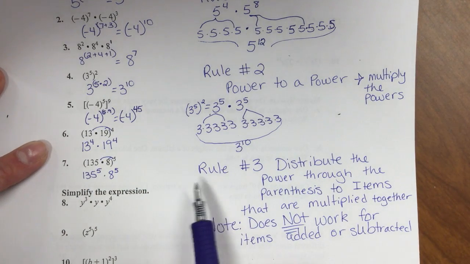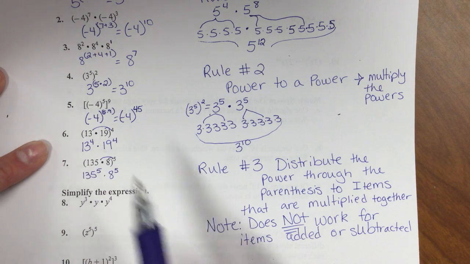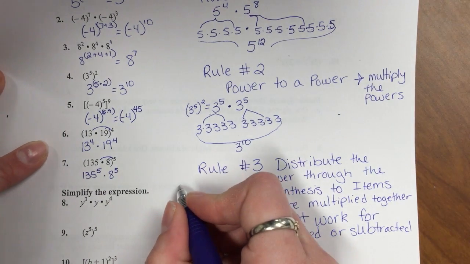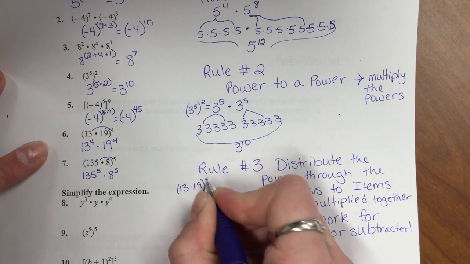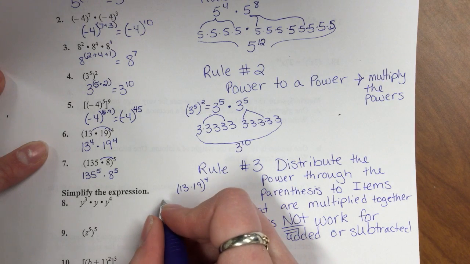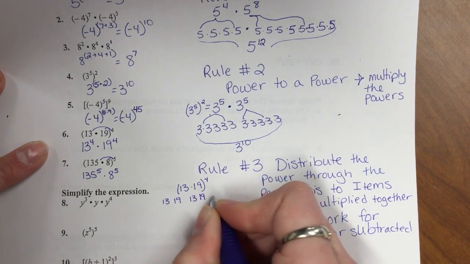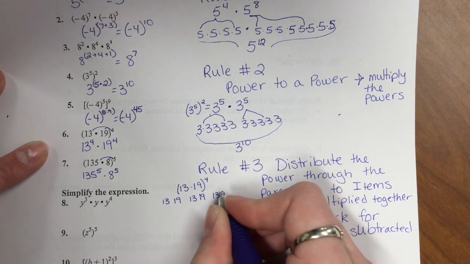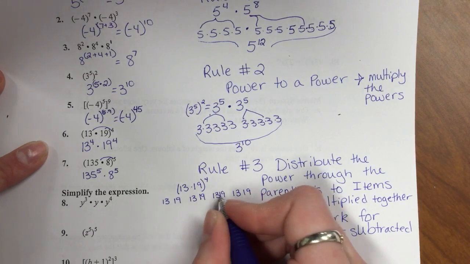I will show you how that works with this one because 4 is less than 5. So we have 13 times 19 to the 4th, which I can rewrite as 13, 19, 13, 19, 13, 19, 13, 19.